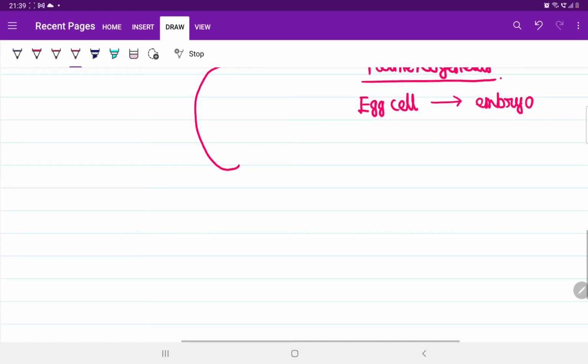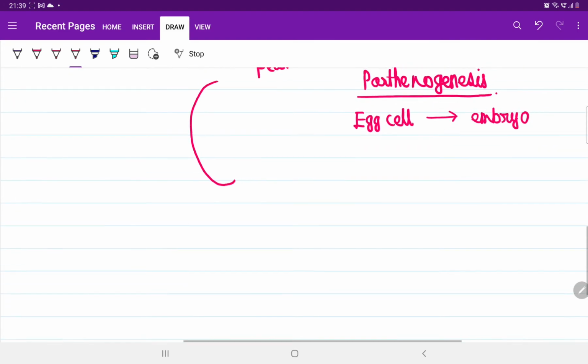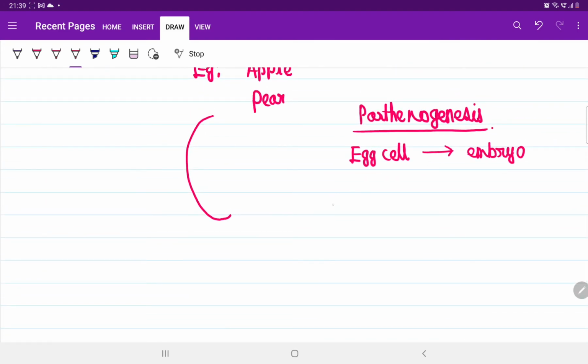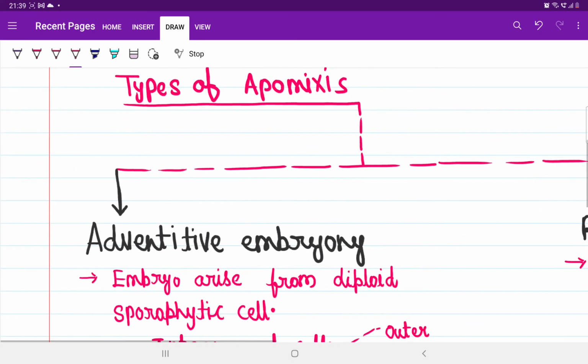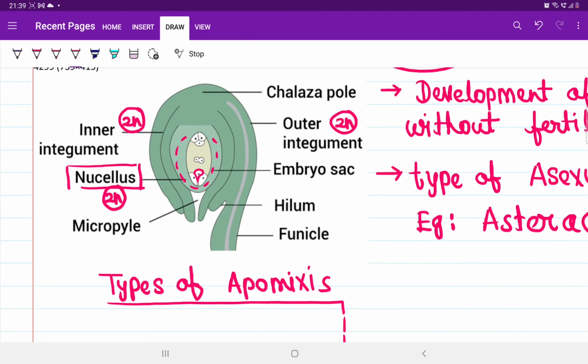And then we have one more related term, that is apogamy. In apogamy, the embryo develops from a cell other than the egg cell. In the embryo sac we have different cells, like the 3 antipodal cells here, and the 2 synergid cells at the other end. If any of these cells develop into the embryo, we call it apogamy.